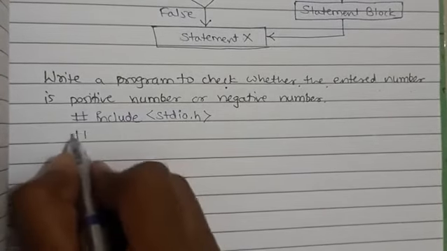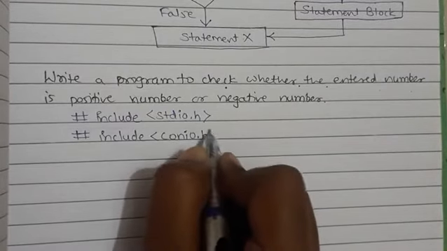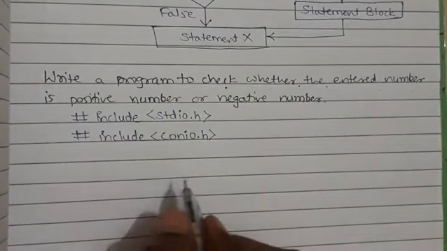The second header file we include is conio.h, the console input output header file.